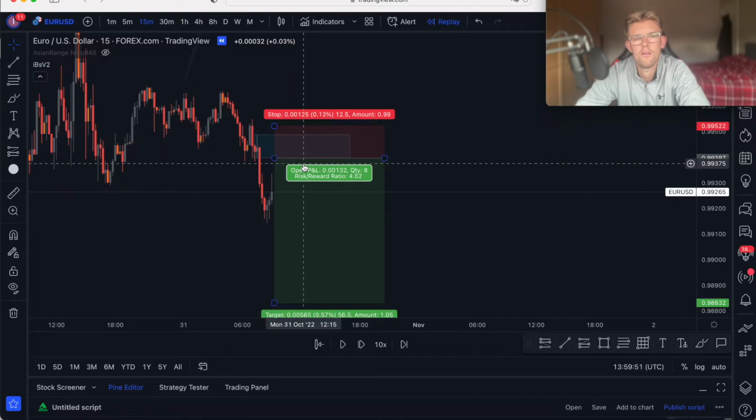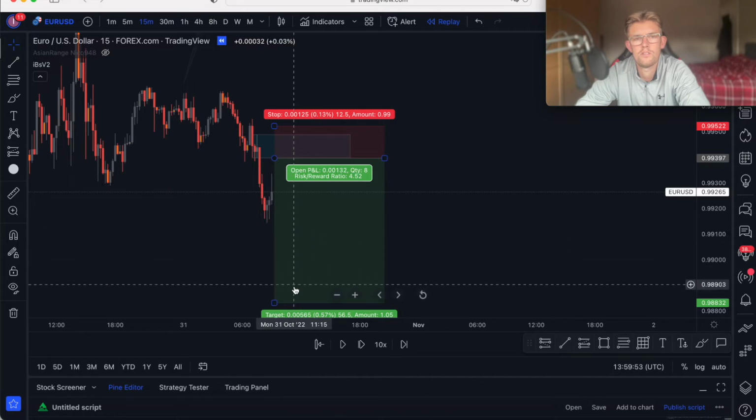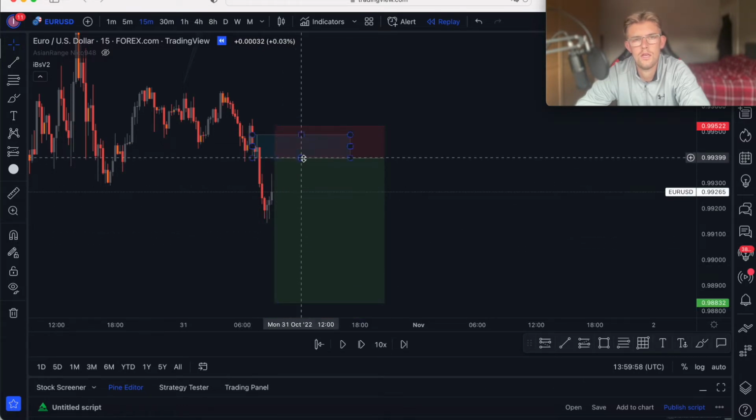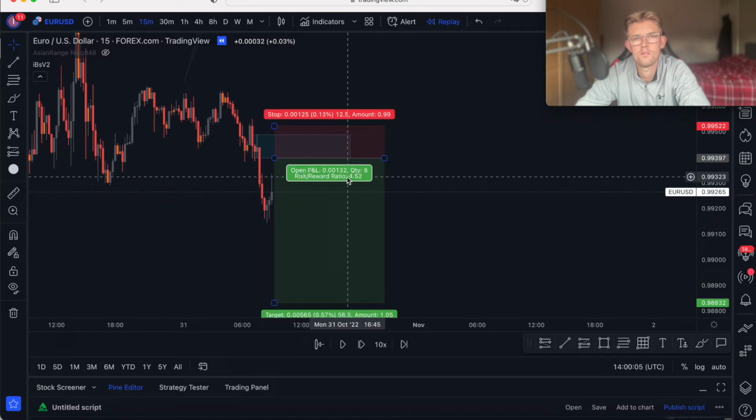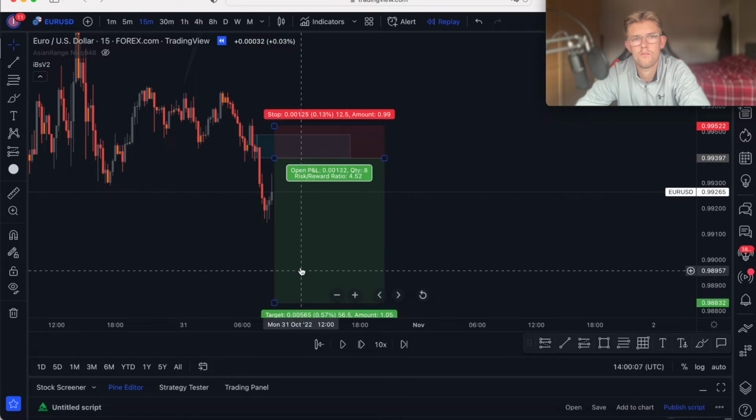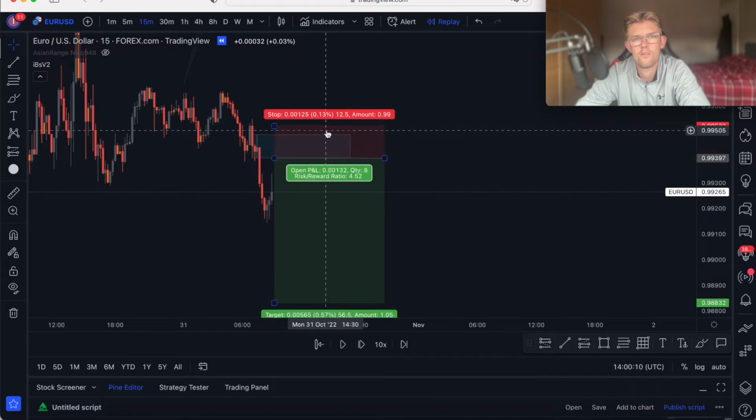And then the green area indicates our profit region, and the bottom of it is our end take profit zone, and this line here indicates the entry position. So these are the three main parts of a risk to reward tool: your take profit area, your entry point area, and your stop loss area.